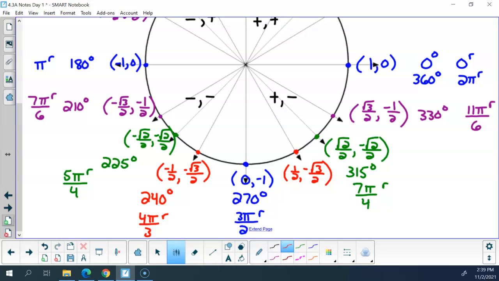Radians. I'm pi/6 short of 2 pi. Oh, I'm sorry, I said pi/6. Yes, pi/3 short of 2 pi is 5 pi/3.